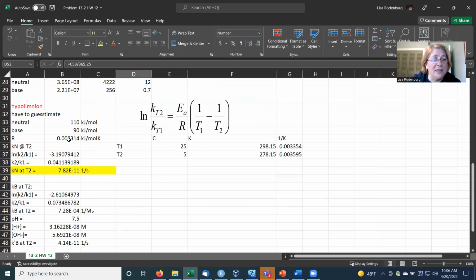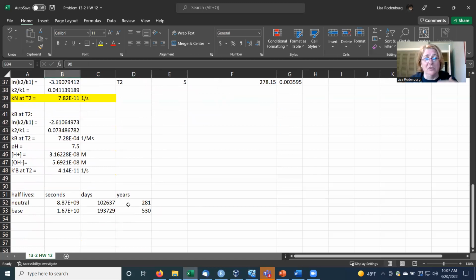Even though we said it had a smaller activation energy, which means that the slowdown was not quite as much, that slowdown is coupled with the fact that you have less base around. So now the base catalyzed mechanism is actually slower. So the mechanism that dominated flipped between the epilimnion and the hypolimnion, and the half-lives are much slower in the hypolimnion.